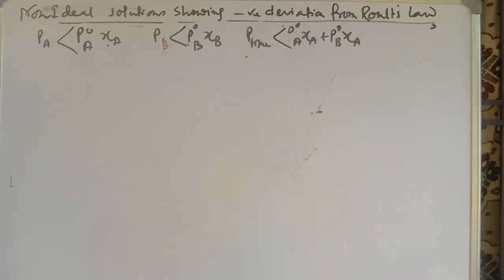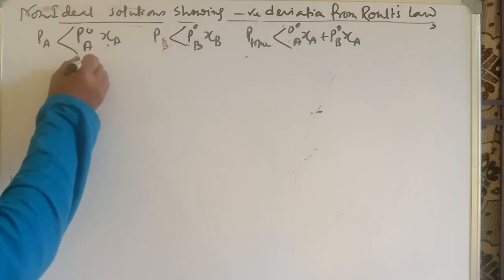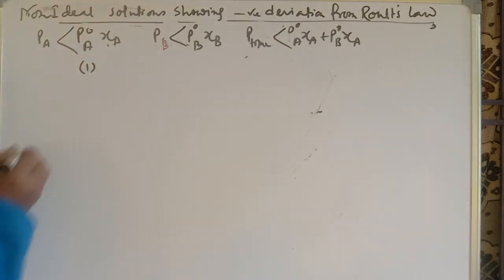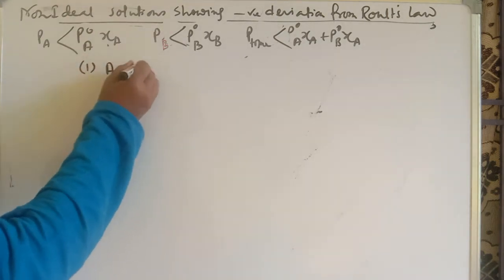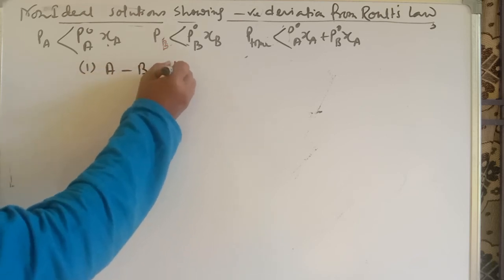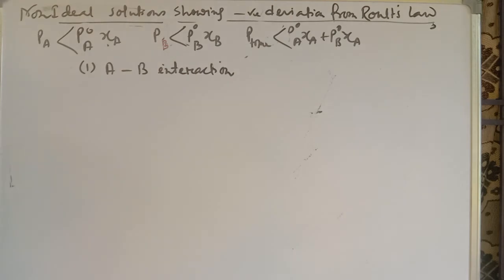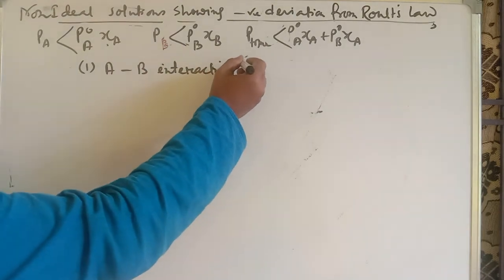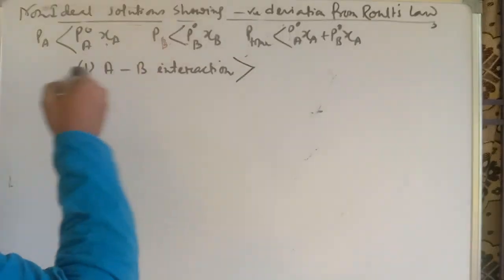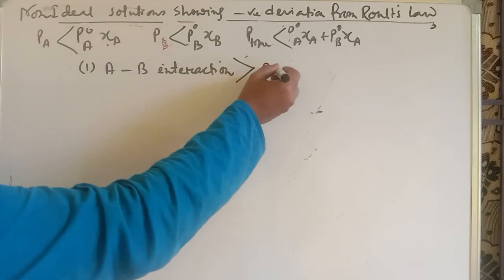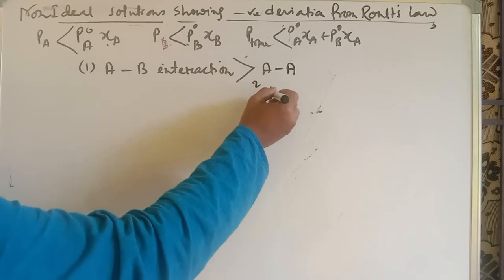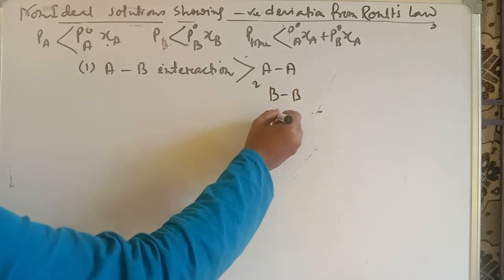For such solutions, conditions followed are: number one, A-B interaction, that is solute-solvent interaction, is greater than, or stronger than, A-A and B-B interaction.